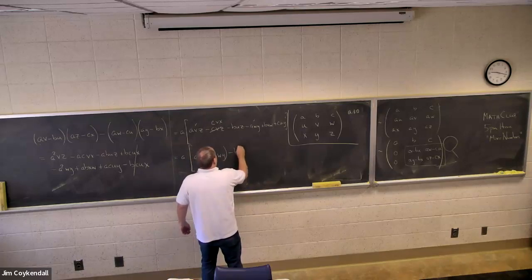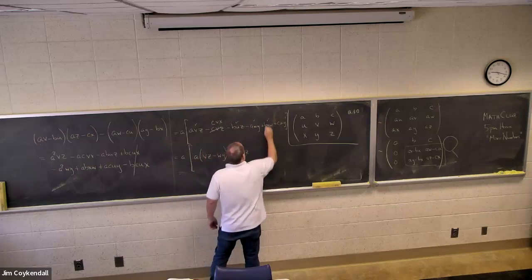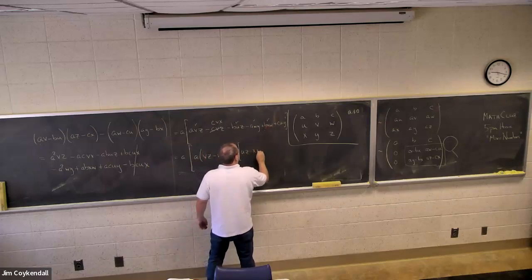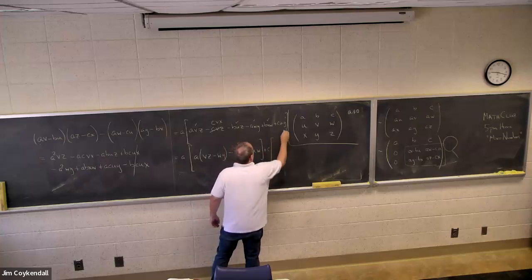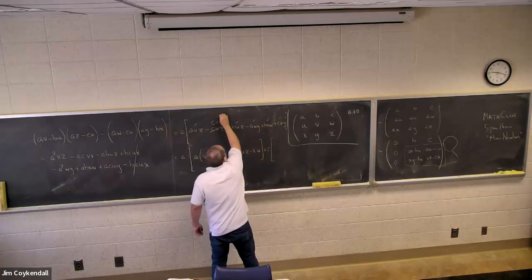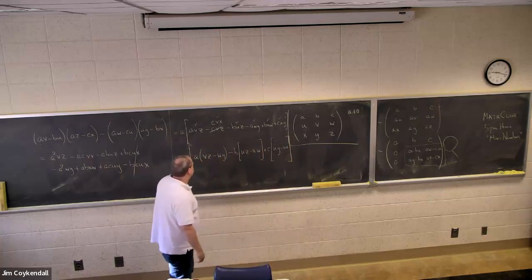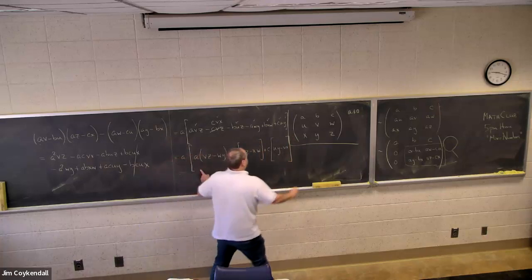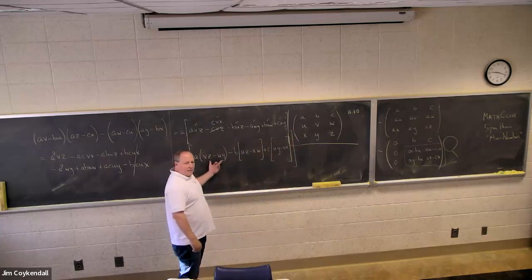And I'm going to plot negative A for the second one: UZ minus XW, plus C on the last one: UY minus DX. Anybody recognize these? Yeah.